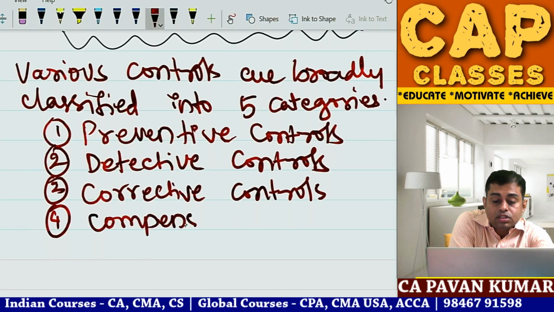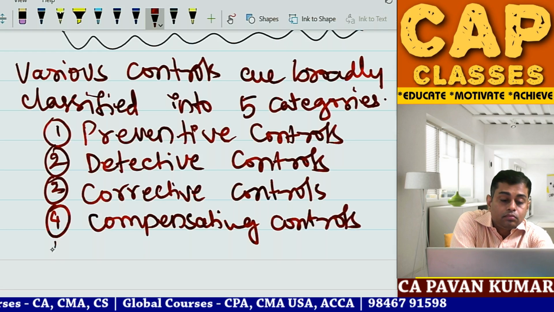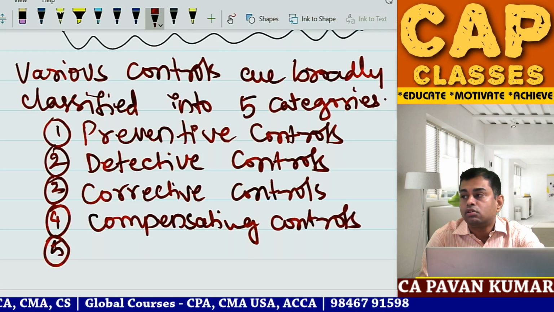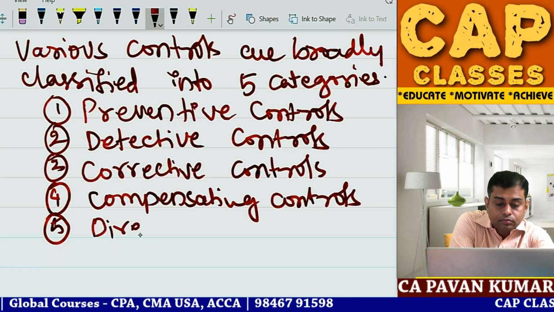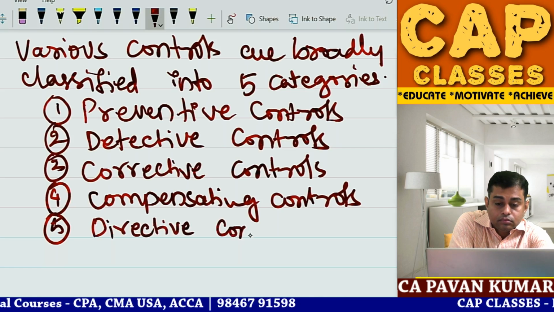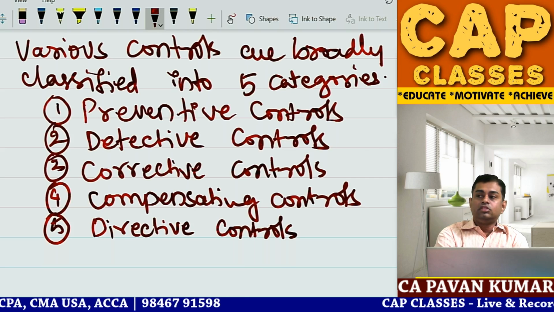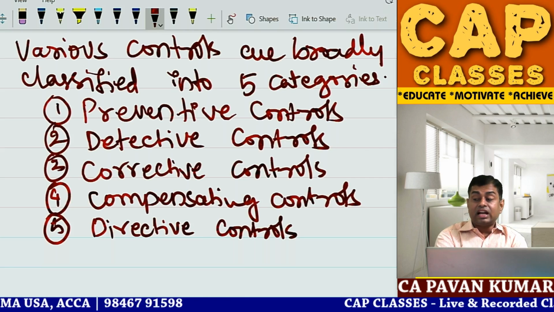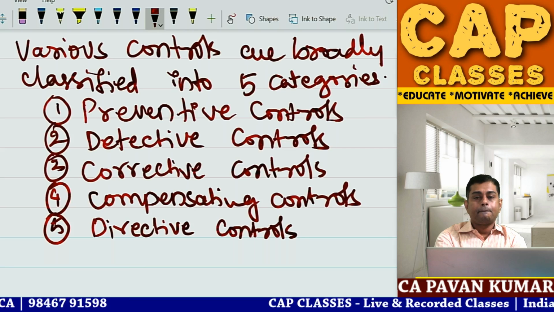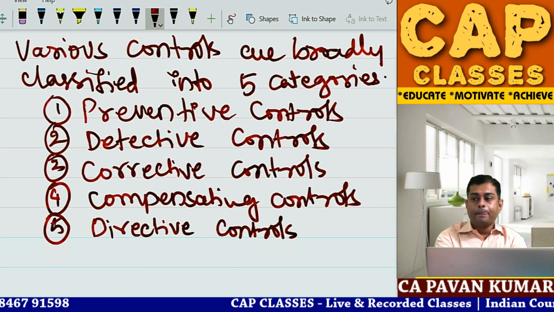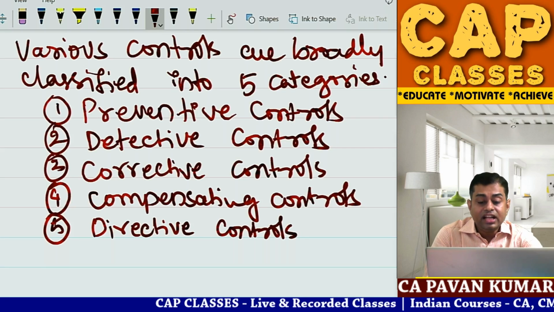Compensating controls. 5. Directive controls. Preventive controls, detective controls, corrective controls, compensating controls, directive controls. These are various types of controls.